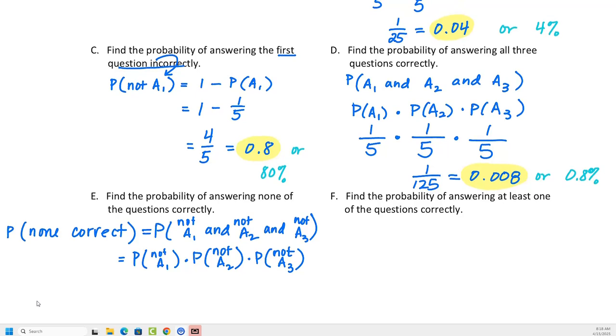Wait, didn't we already find not A1, not A2? Wasn't this not A1 up here? So I'm going to take this 4/5 that's here and stick that into these ones here.